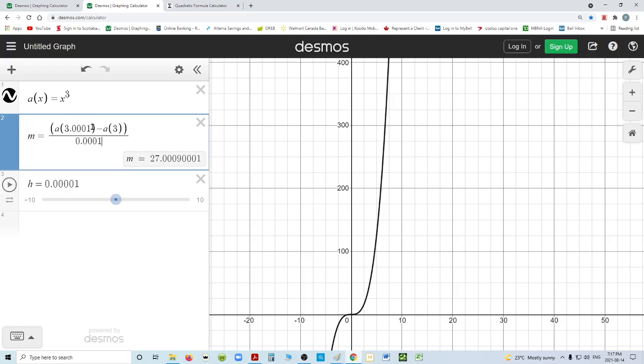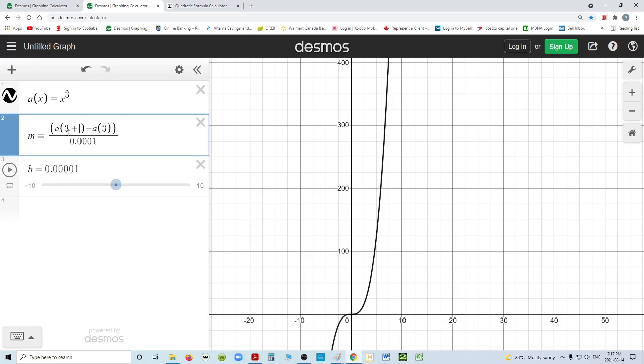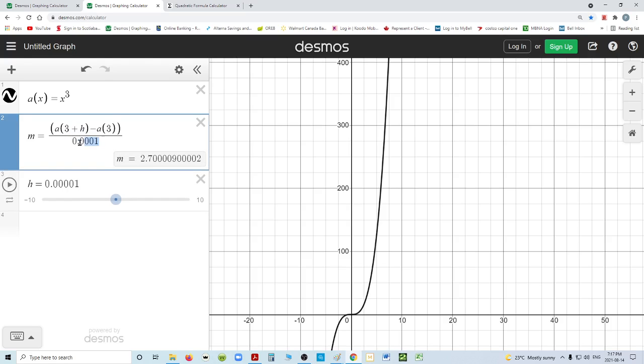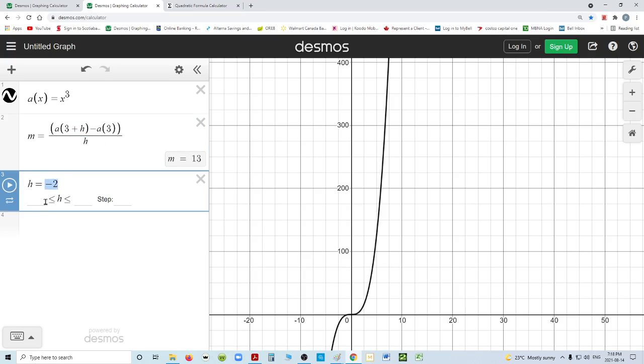If I put that in terms of x plus h, all over h, and then I make my h whatever I want. Let's take h from 0.0001 all the way up to 5. You can see I'm going to get more and more accurate as I get close. Even then I have to take smaller steps to 27.